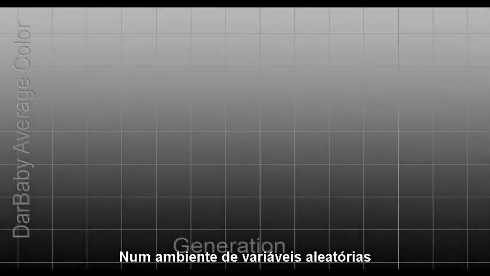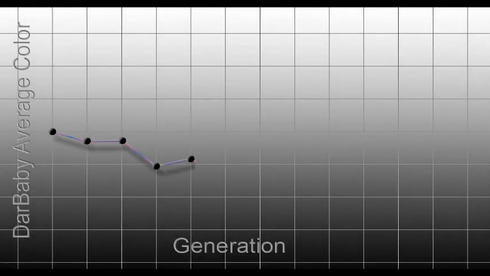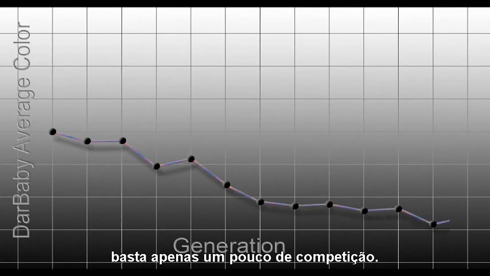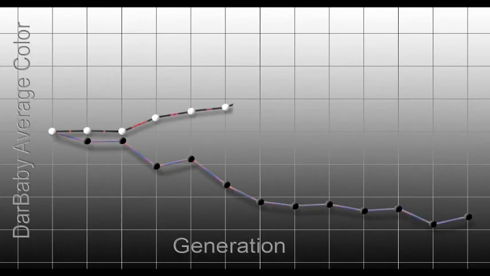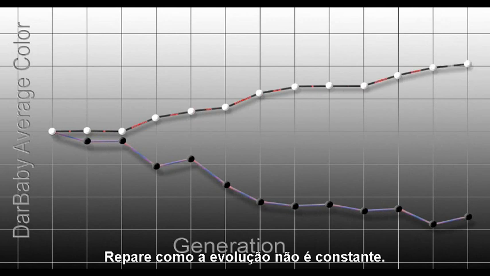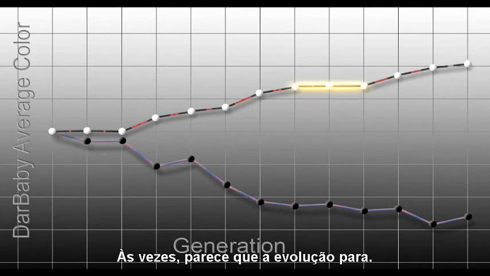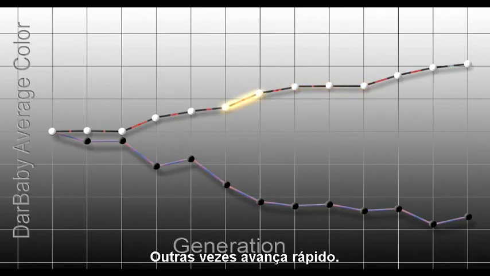In an environment full of random variables, a tiny bit of competition is all it takes. Notice how the evolution is not smooth. Sometimes evolution appears to stop. Other times it moves fast. It can even go backwards.